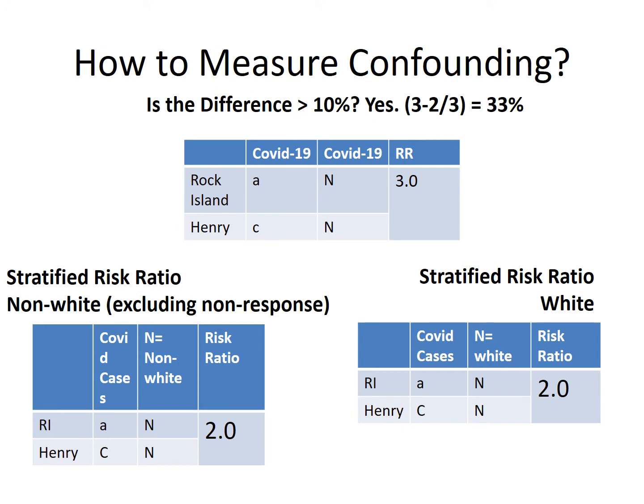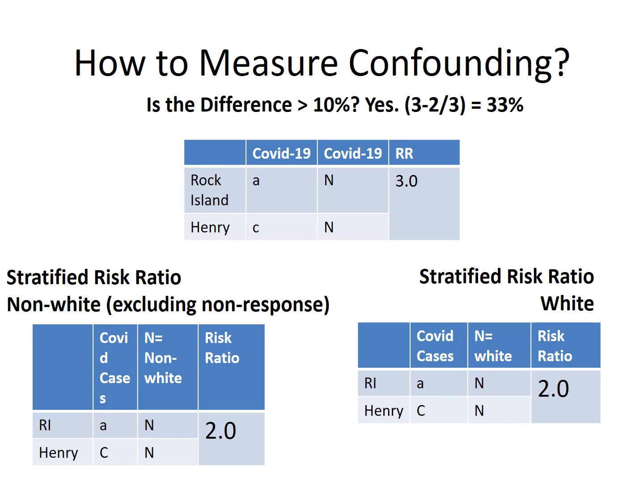How do we know whether something qualifies as a confounder? So there is a rule of thumb that we use in epidemiology, and that is once we stratify into the 2 different groups and we have stratified risk ratios, we want to compare those to that rough, everything-thrown-in-together crude risk ratio at the top. Is that difference in the risk ratio greater than 10%? Now in this case, I'm going to give an example where the original crude risk ratio is 3, and after breaking it into the two stratified groups, the two strata, we have risk ratios of 2 and 2.